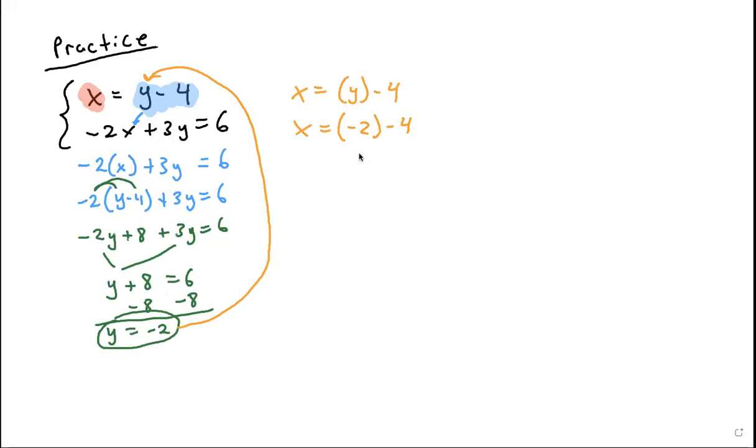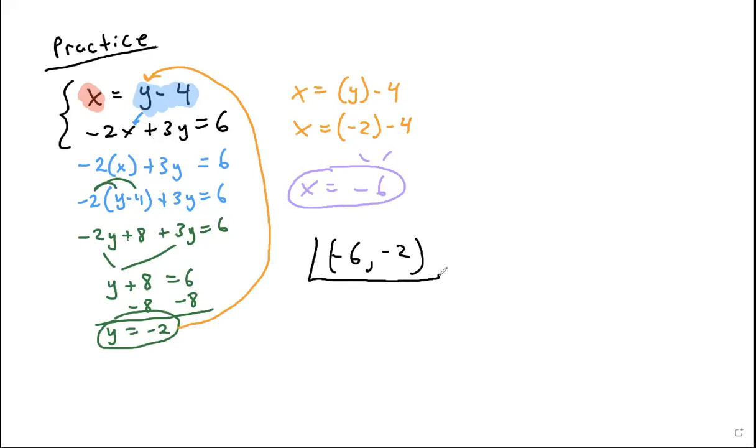Then we solve this and we get -6. So our solution is -6 comma -2. Very good job. Thank you guys for doing this.